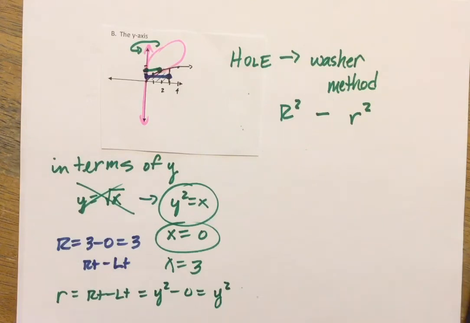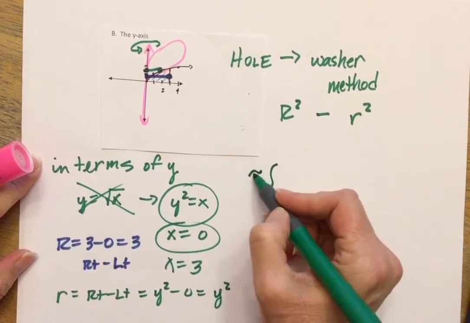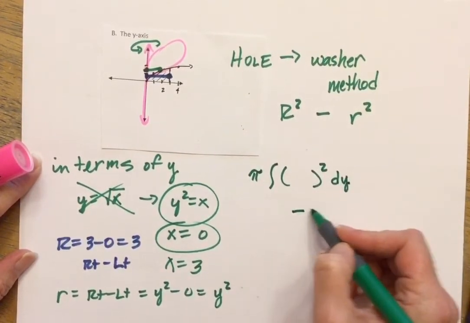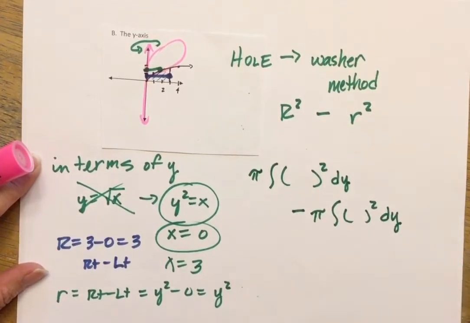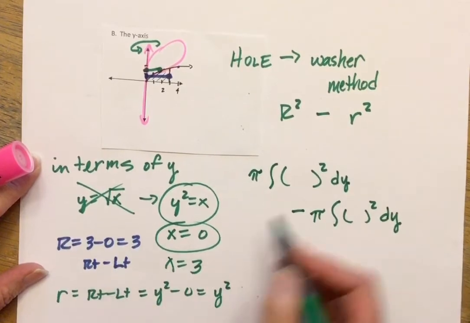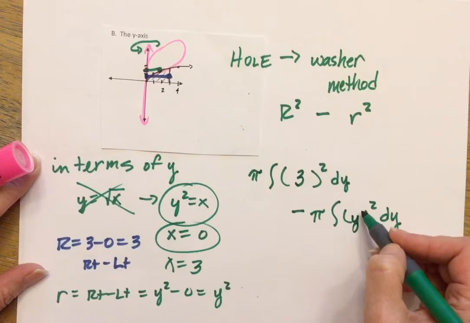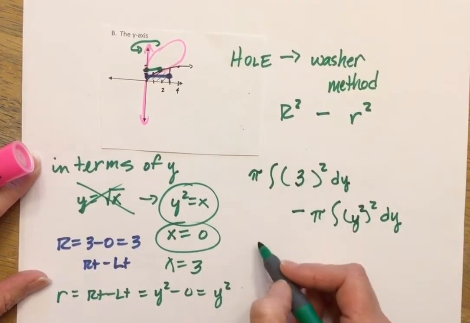So the setup then for doing this integration is that we're going to do pi big radius squared in terms of y minus pi little radius squared in terms of y. So my big radius is 3. My little radius is y squared. If you wanted, you could put them together in the same one.